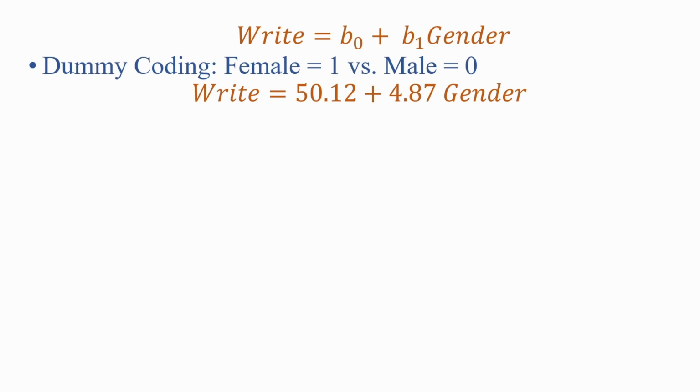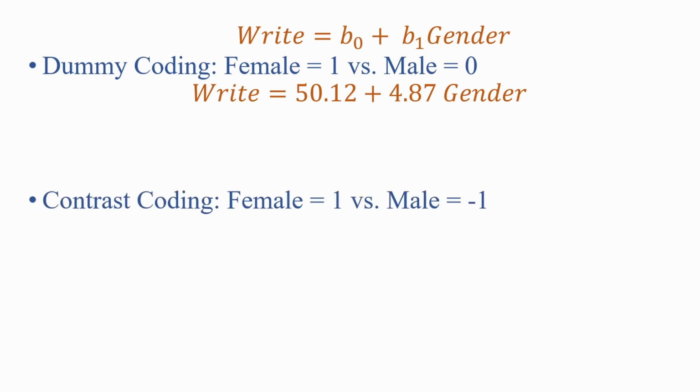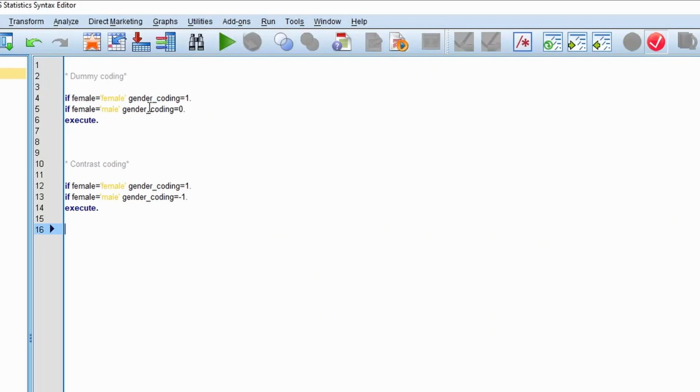And in another case, we're going to do the contrast coding. Different from the dummy coding, 1 and 0, contrast coding is 1 and minus 1. So we can go back to SPSS and recode this variable as contrast coding. How can we do that? So here's the syntax. This is the dummy coding syntax, but this is contrast coding.